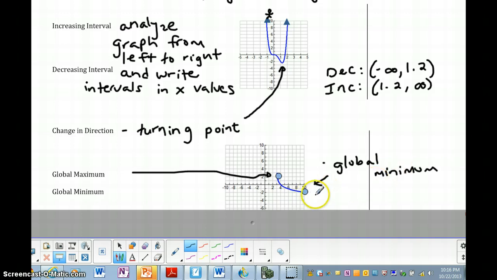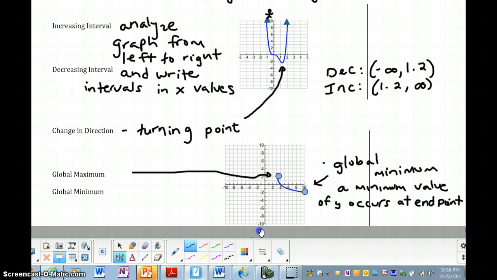And again, the definition is that the minimum value of y occurs at the endpoint of the domain. So see how there's an endpoint. And you can write the same thing for the global maximum.